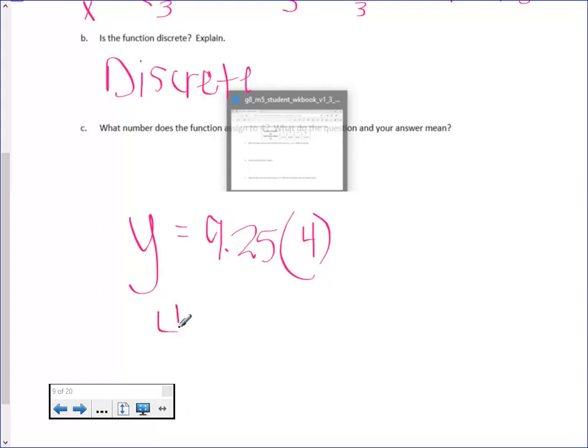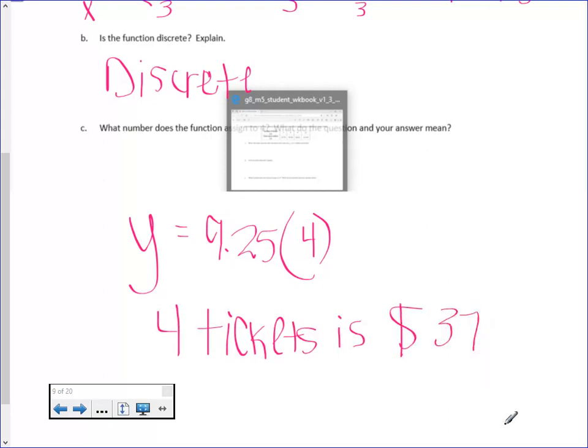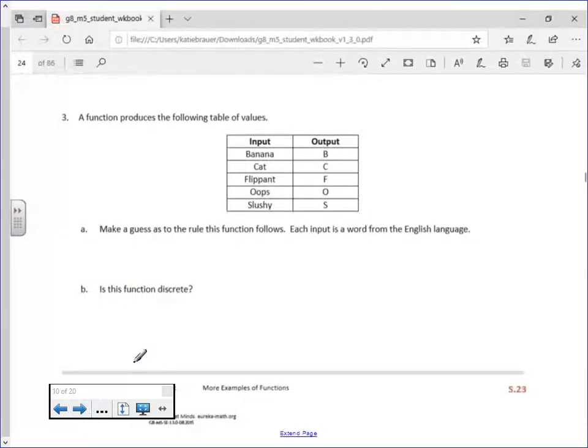So that just means 4 tickets cost $37. So when it asks what it means, that's what it's talking about. Explain what you just did. 4 tickets, $37.